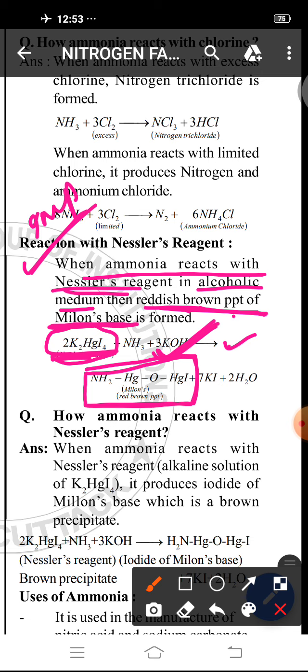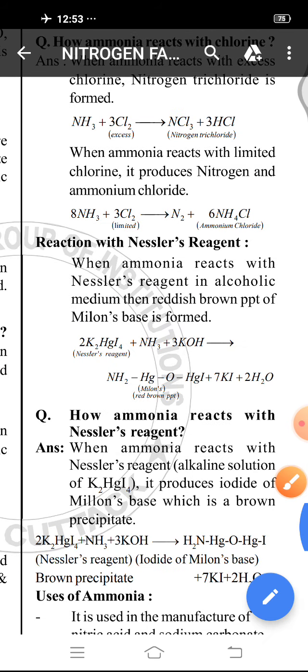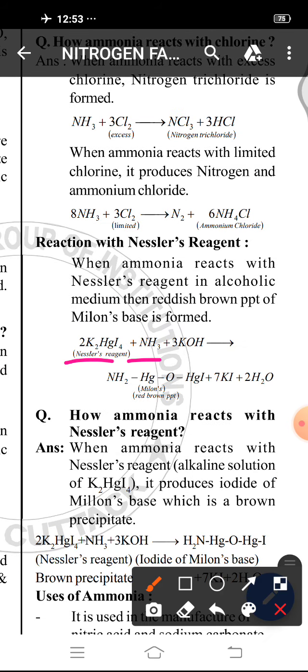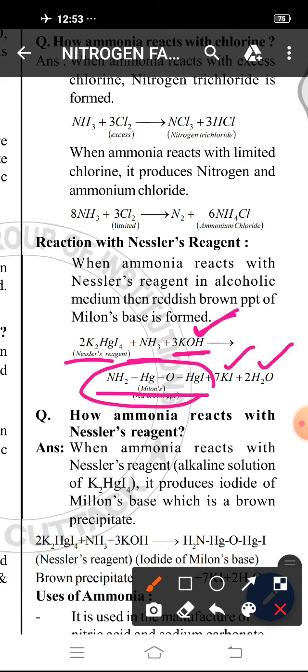When Nessler's reagent reacts with ammonia in presence of some KOH, then Millon's base is formed along with KI and water. Due to formation of Millon's base, it forms a reddish brown precipitate. So these are the reactions, or chemical properties, of ammonia.